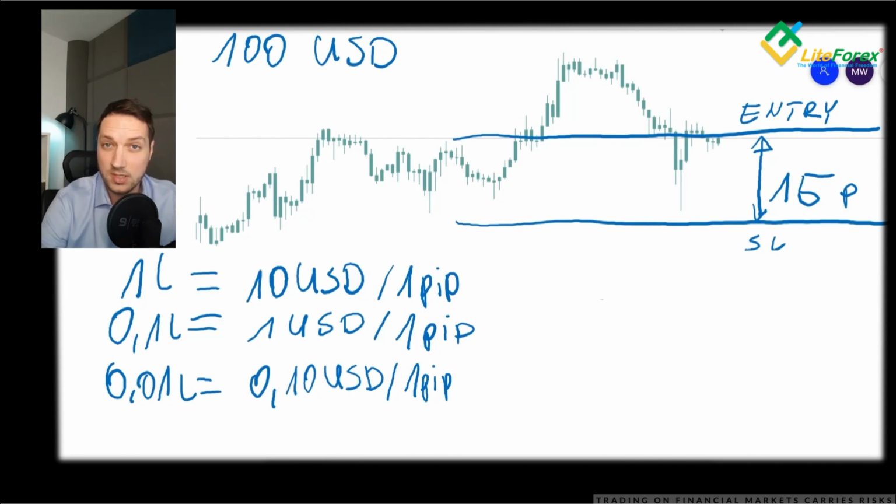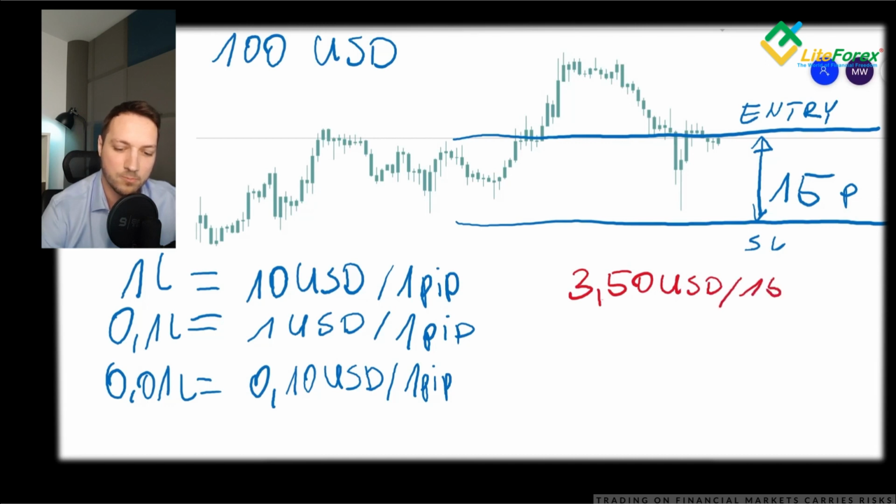So again 3.5% per trade, so we have our $3.50, divided by 15 pips, and let's check how much it will be.